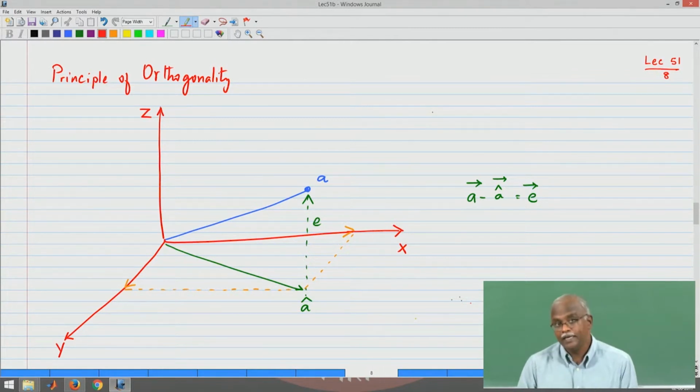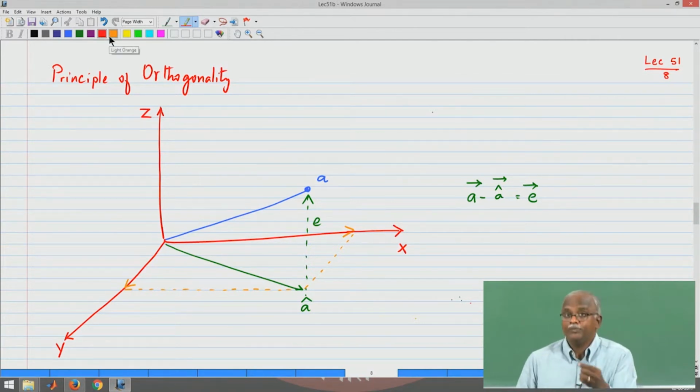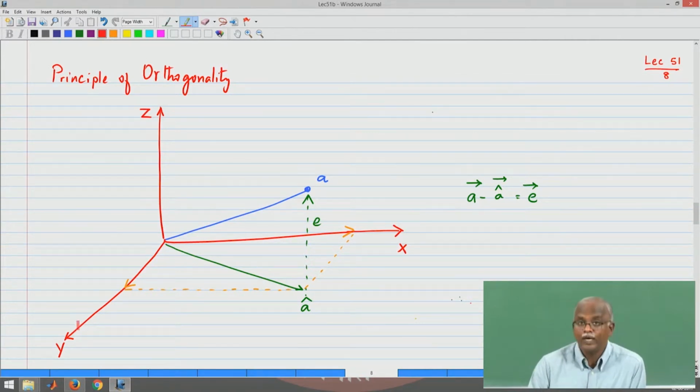Now, here is the principle of orthogonality. I would like to find an approximation to A, but an approximation that lies in the xy plane.